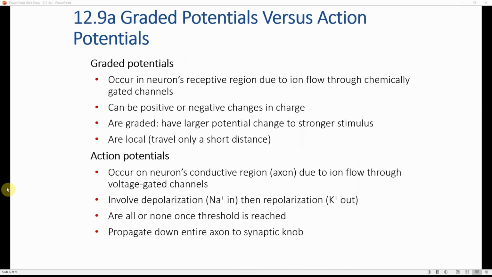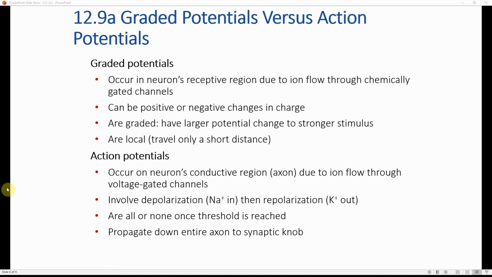So the graded potentials are the smaller, quick changes that we're going to have on the receptive area of our neuron due to the ion flow through chemically gated channels. And these ion changes can be positive or negative. Because the changes are graded, they have a larger or smaller impact on the neuron.